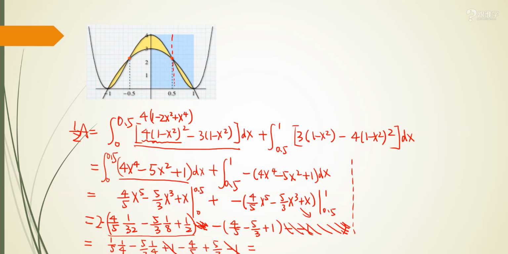And then we need to find a common denominator now. The least common multiple of the denominators is going to be 60.